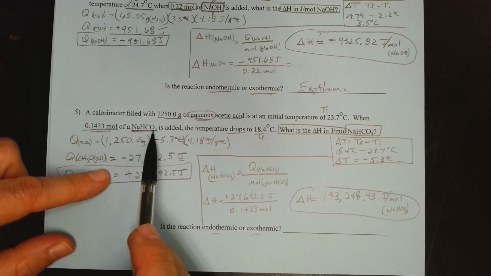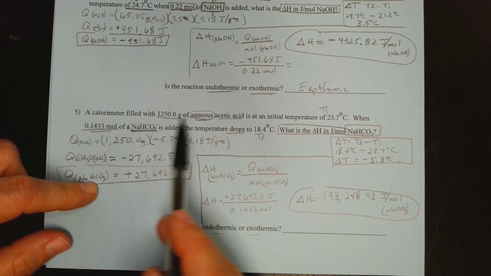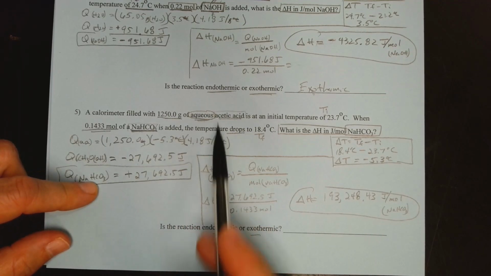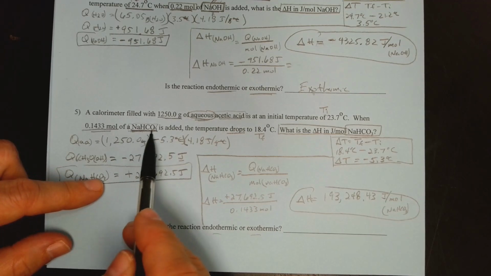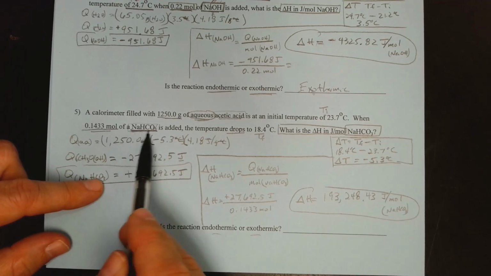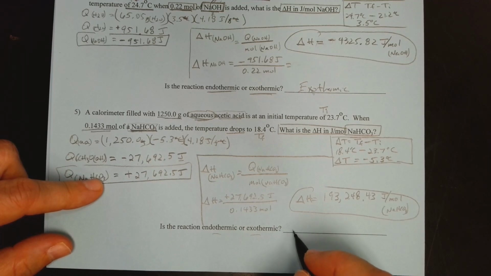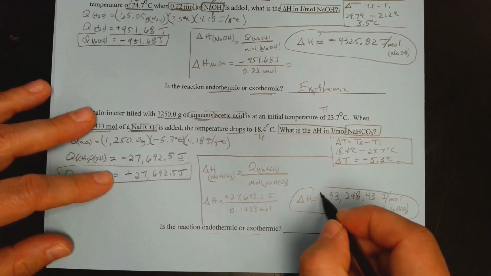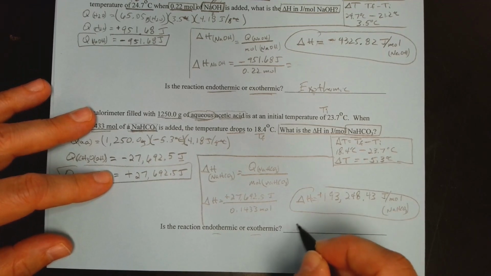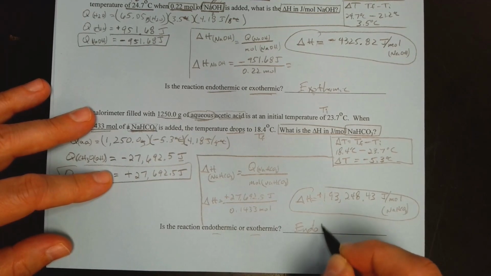So this substance absorbs energy while our acetic acid loses energy. So as far as breaking this up right here, so breaking up my base right here, because this number is positive, this is going to be an endothermic process.